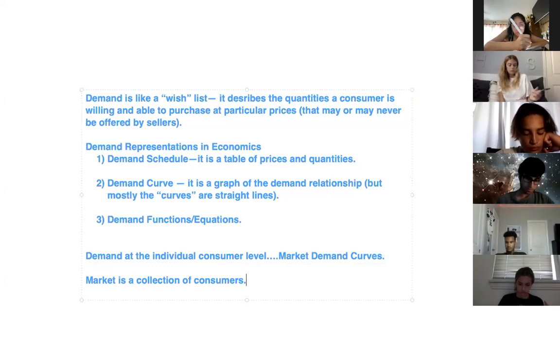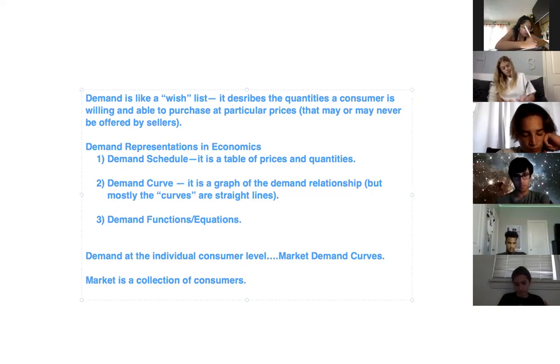A lot of times people try to give geographic and time limitations. I'm talking about the demand for gasoline in the county of Los Angeles in the year 2020. Well, then you know better who's the collection of consumers that are going to be passing through and potential buyers of gasoline in Los Angeles County.